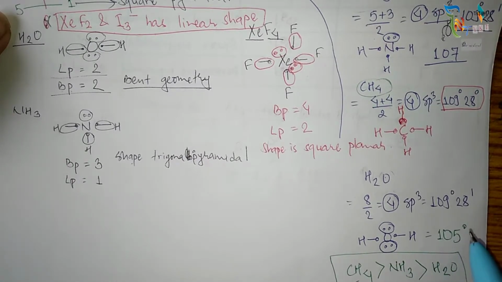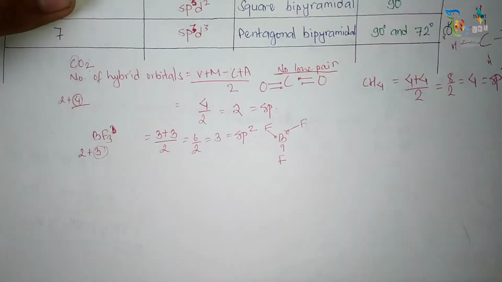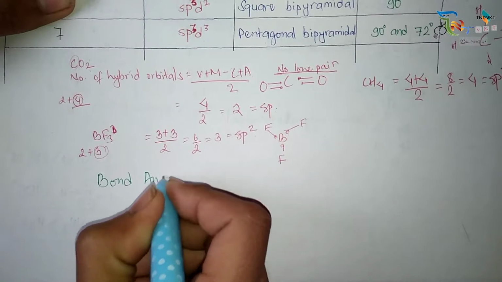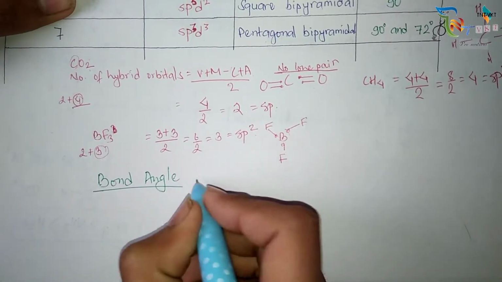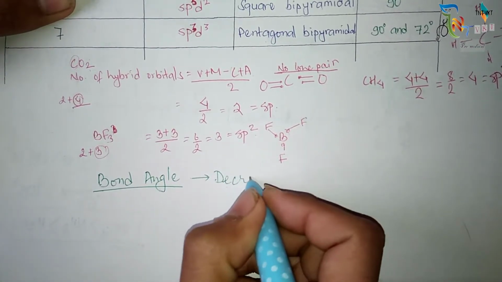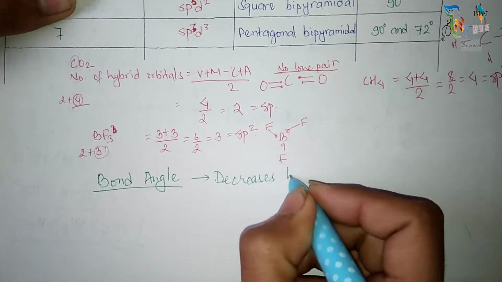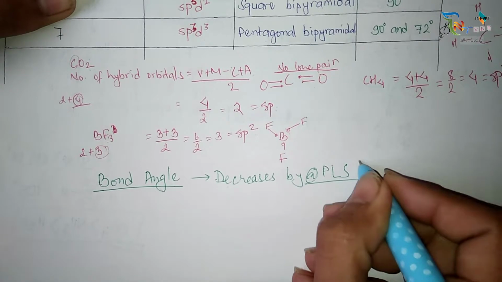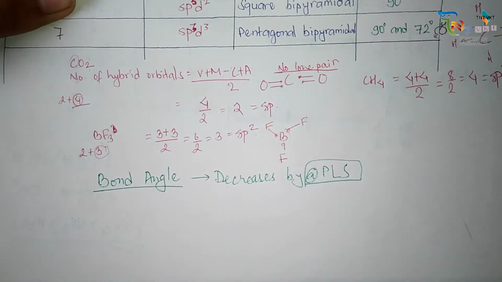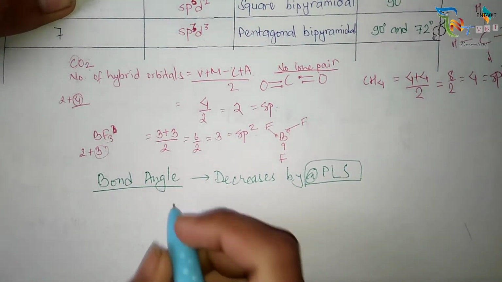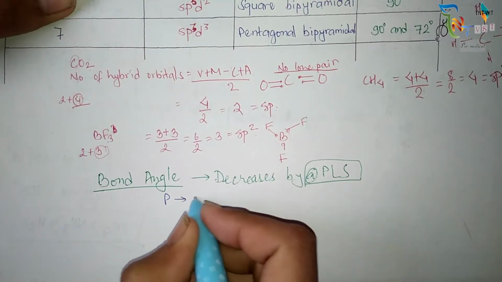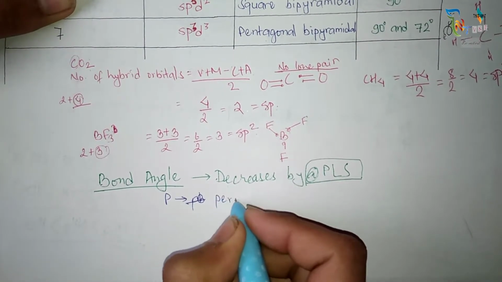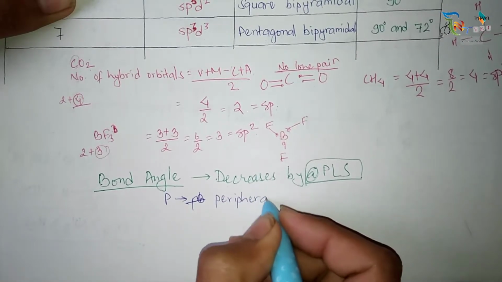If we have to discuss bond angle, it decreases by PLS. P means peripheral atomic size.